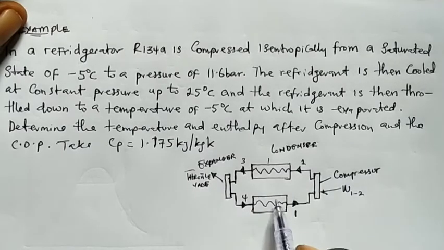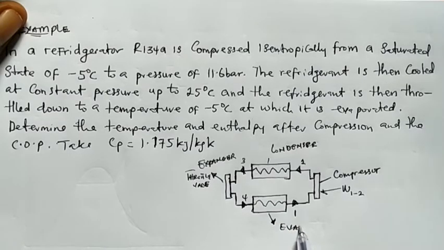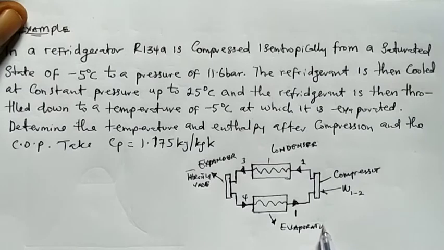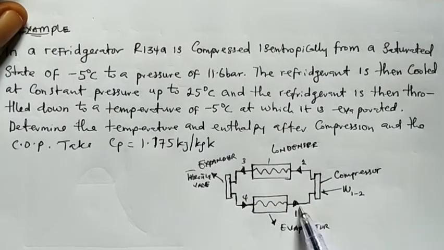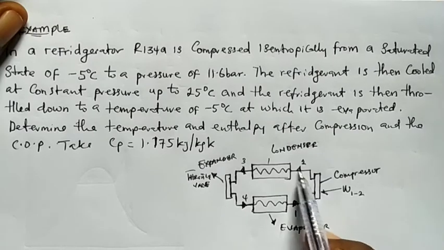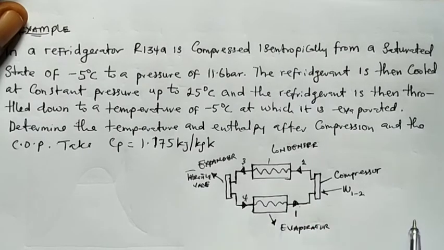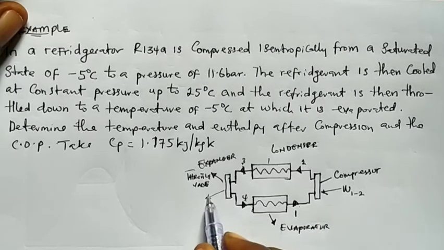Now, this is the evaporator, where heat is absorbed. So we have state 1, state 2, state 3, state 4, right? Here there's a work output.